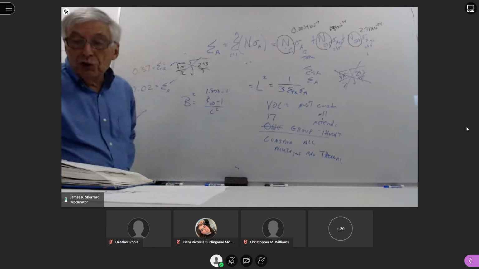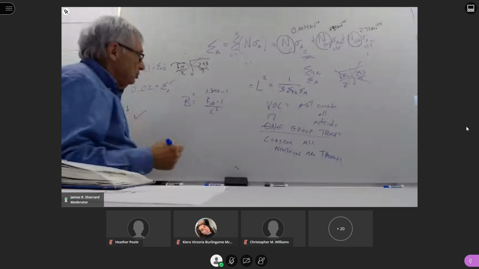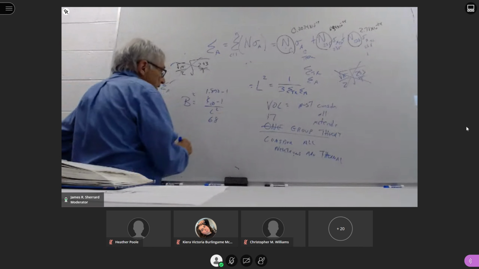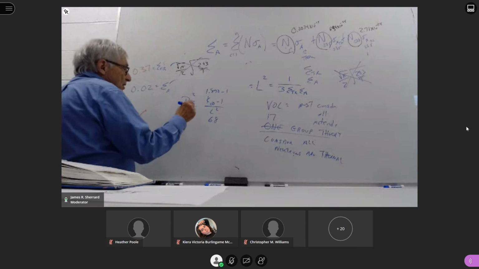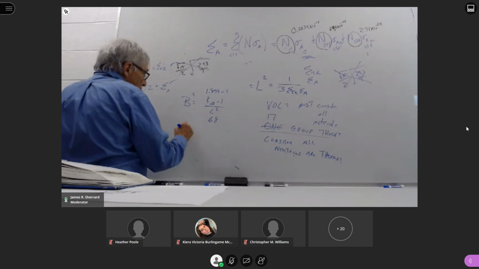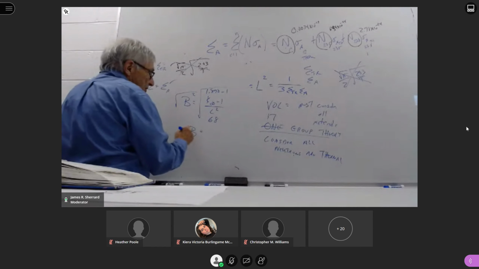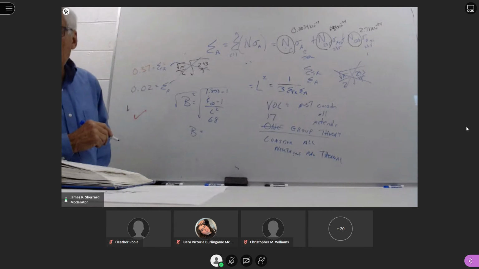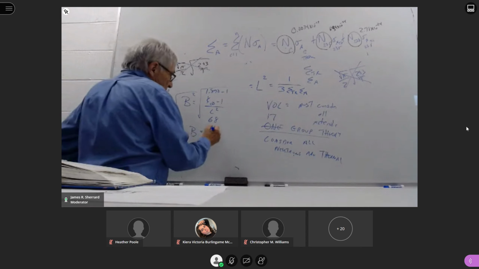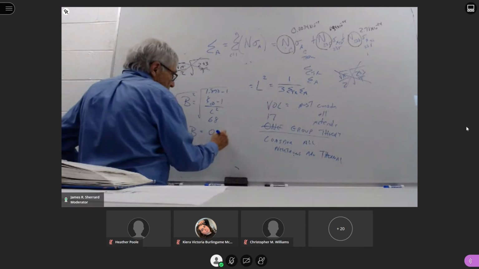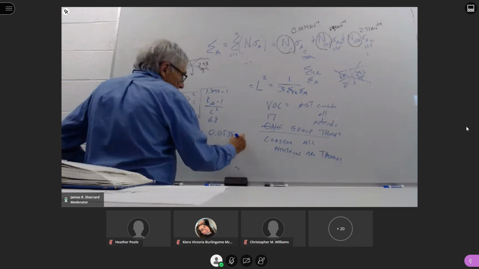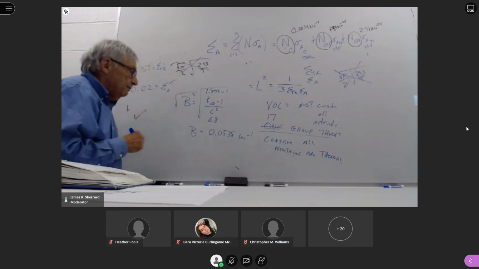The L squared, we'll just use the value that they have now or something close to it. We'll just say it was 68. So from this, we can take the square root and find buckling. And buckling is going to be some value, if we use the value they have, and the units are centimeters to the -1.